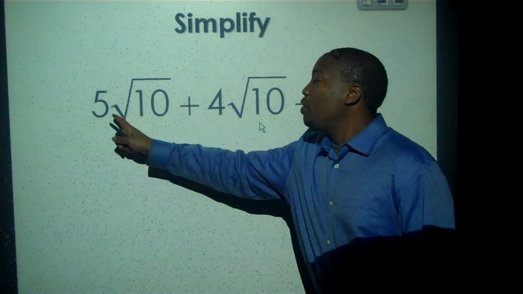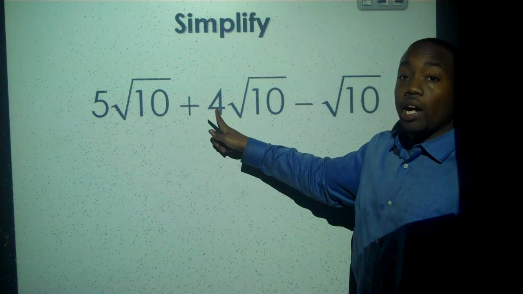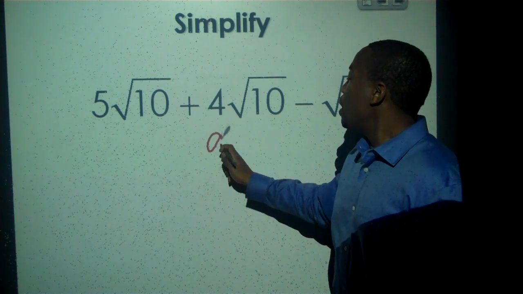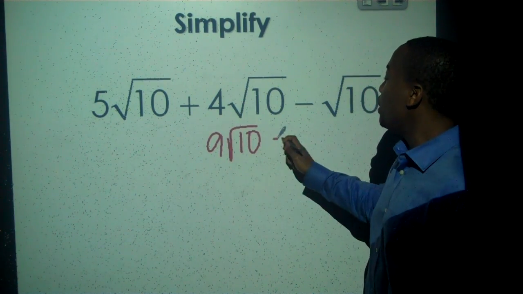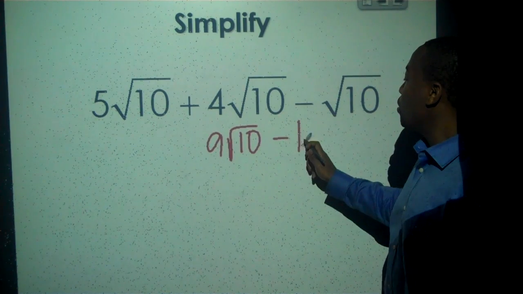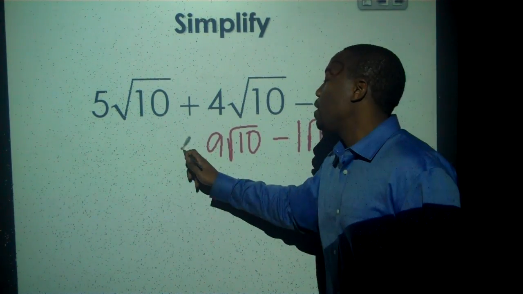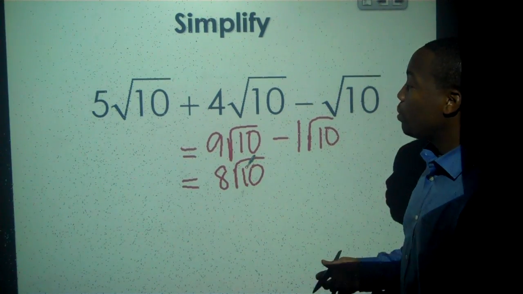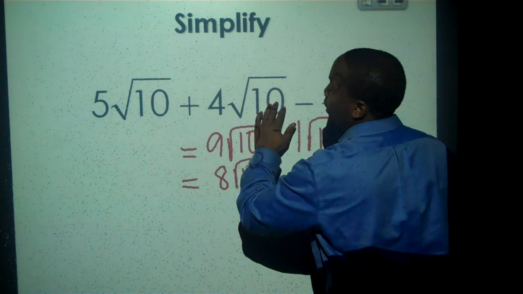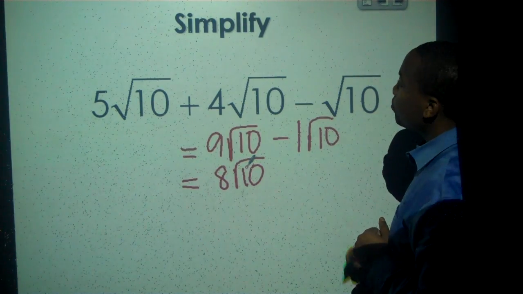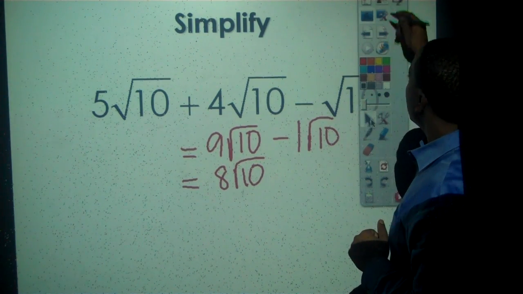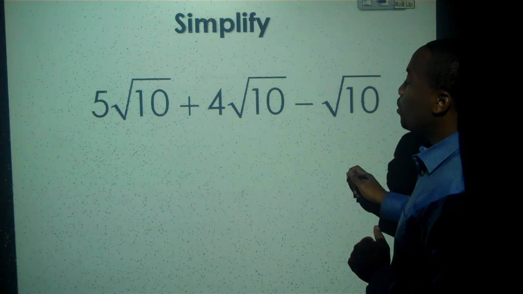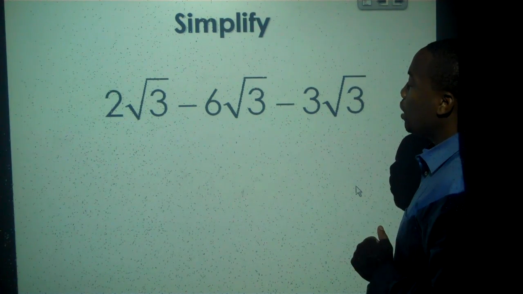We have 5 plus 4, which gives me 9 root 10, minus this one right here, root 10. And this breaks down into simply 8 root 10. So with these, we just make sure we all have the same radicand, and then we subtract. This one's very straightforward. I just wanted to do a couple with the 3 of them in there.